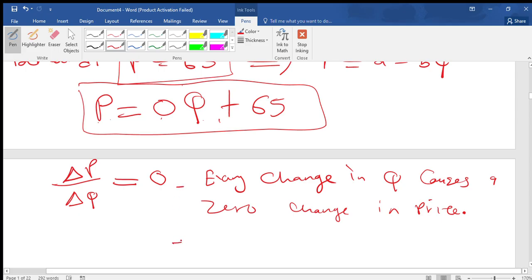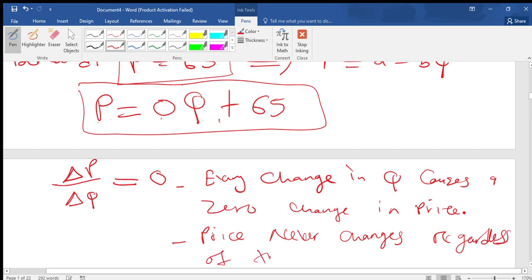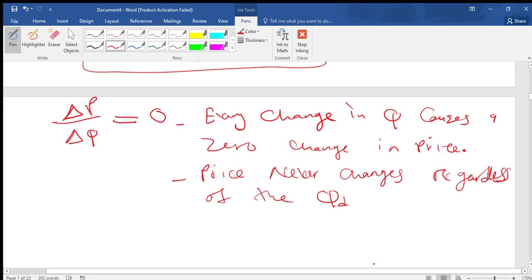So in other terms, we can simply say the price never changes regardless of the quantity of demand. That's what we are simply saying. That is why we have the slope here.